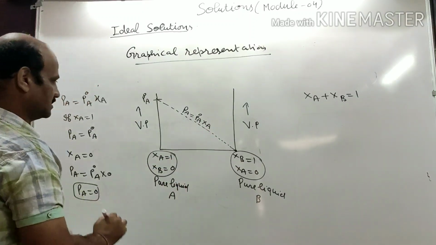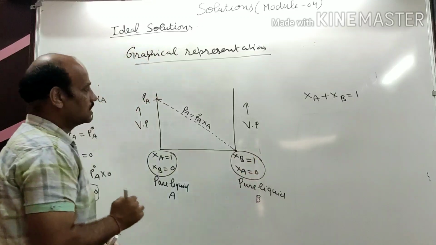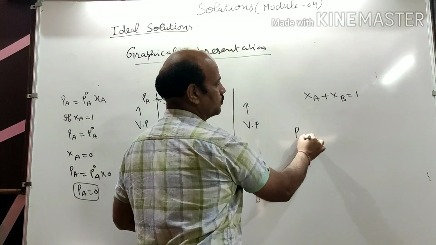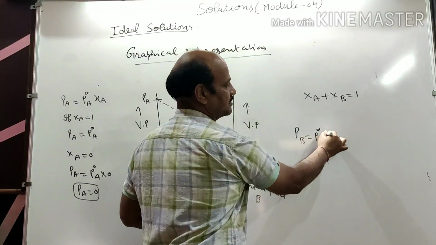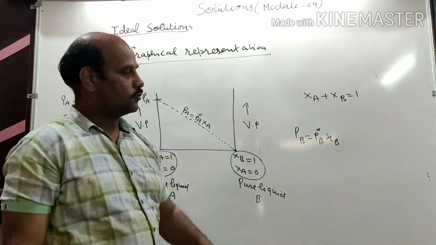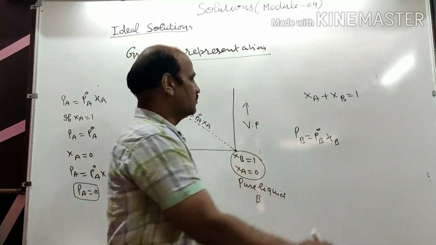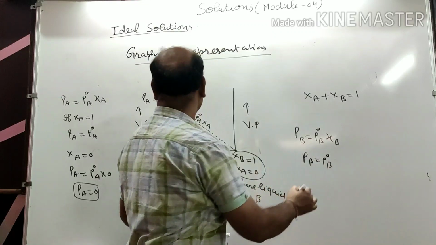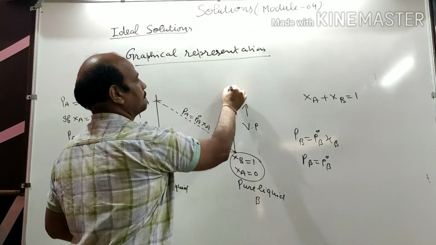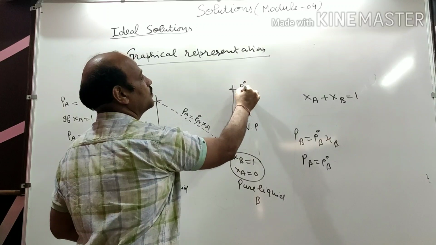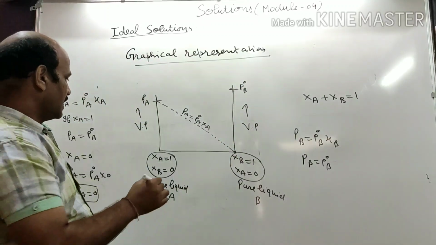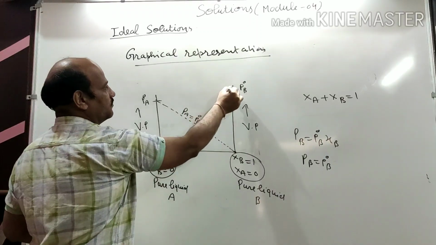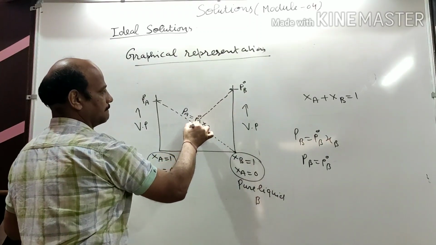Clear? Like this, XB is equal to 1. So you know PB is equal to P naught B XB. Putting value of XB 1, then what will be that? PB is equal to P naught B. Like this we can write here. This is P naught B. And when XB is equal to 0, then vapor pressure is minimum, that is 0, and we can do like this.